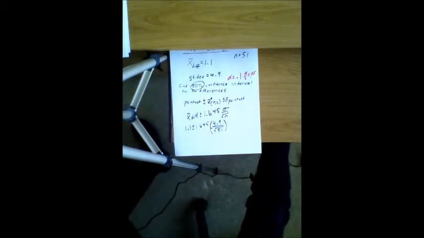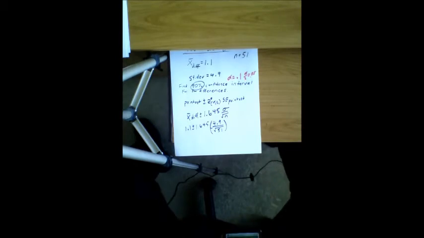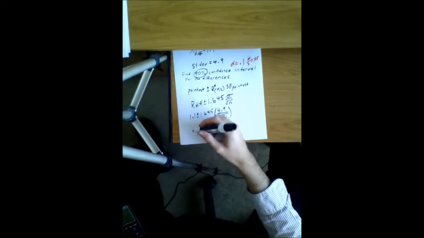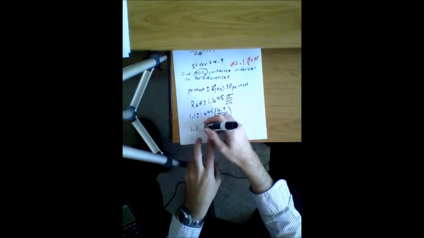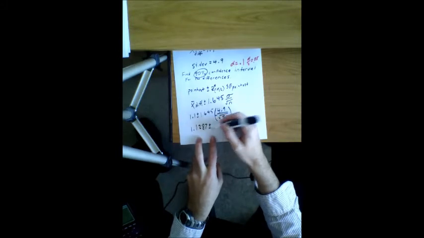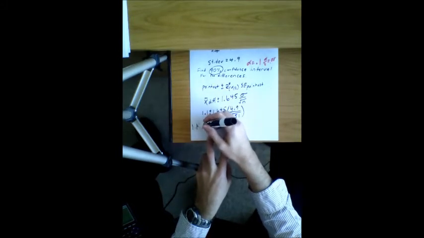Let's go ahead and see what that gives us. 4.9 divided by square root of 51, and then times 1.645. We do get 1.1287. So 1.1 plus or minus 1.1287.